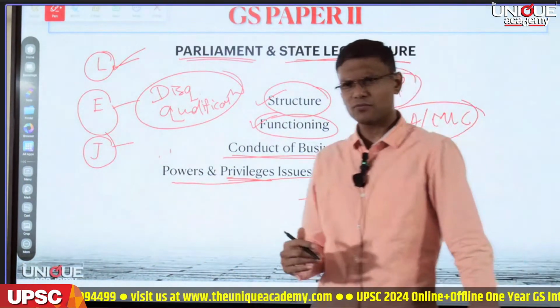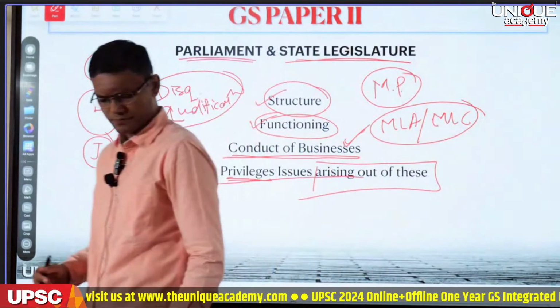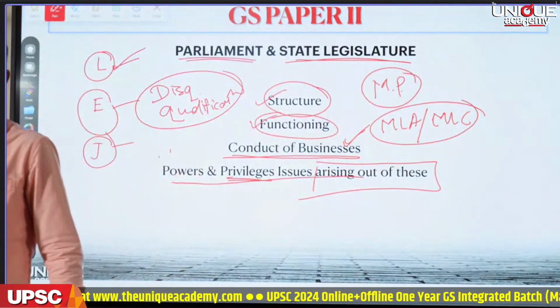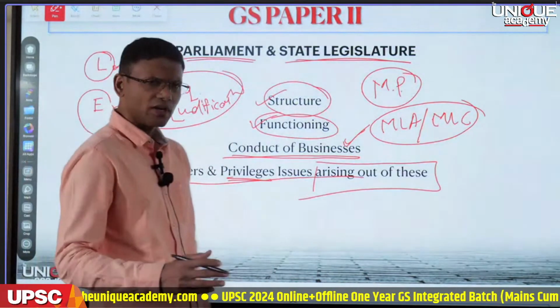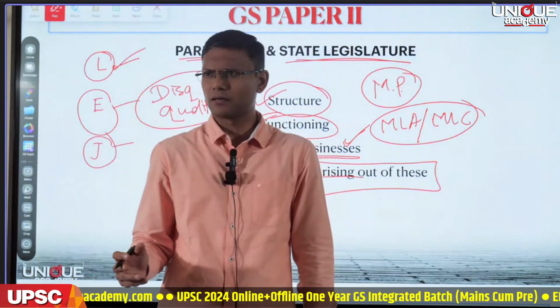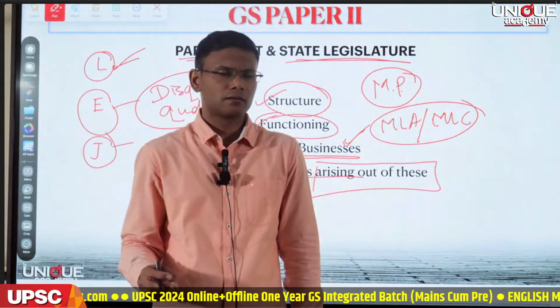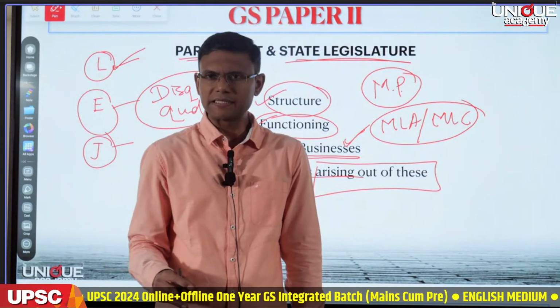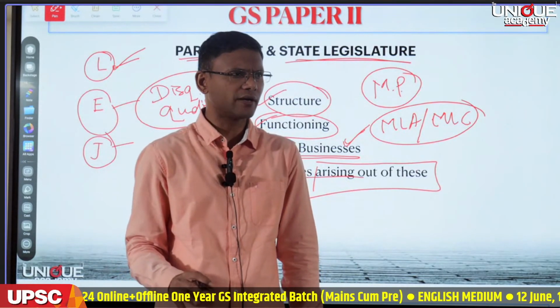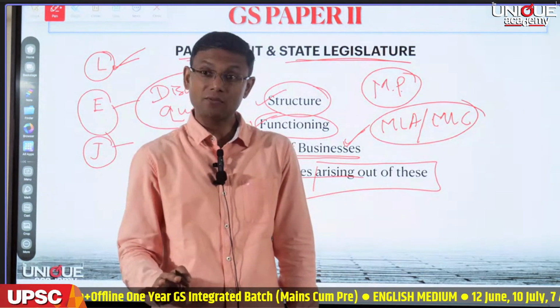You might be knowing that one of the members of the parliament, used to be member of the parliament, has been disqualified under some provision of IPC, and he has been now disqualified. He is no more a member of the parliament, but there was an issue.